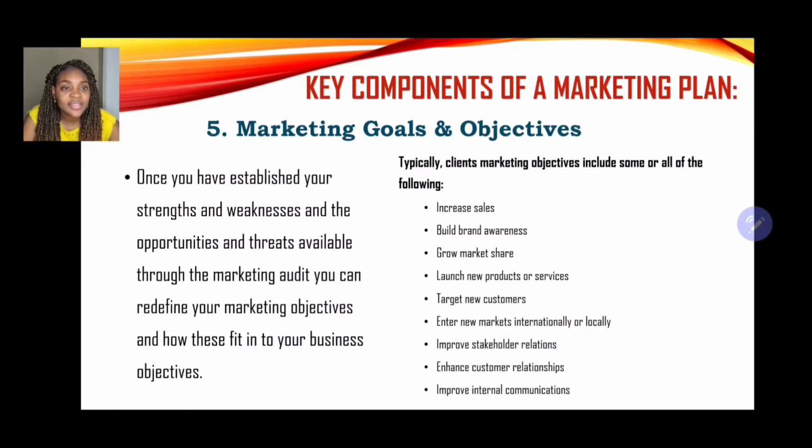Now, typically, clients' marketing objectives include some or all of the following: increase sales, build brand awareness, grow market share, launch new products and services, target new customers, enter new markets internationally or locally, improve stakeholder relations, enhance customer relationships, and also improve internal communications. Good. And that is it for marketing goals and objectives.